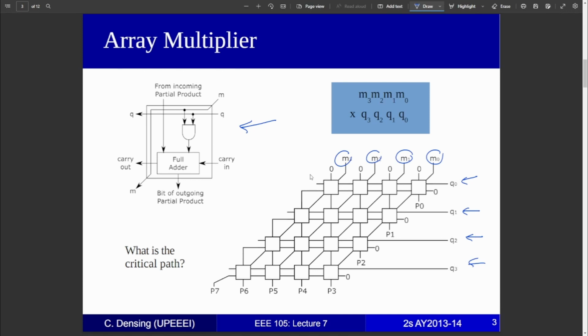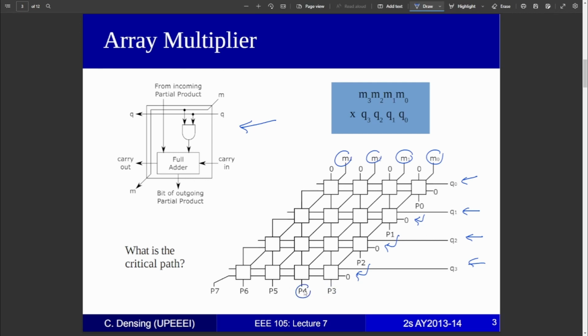You can see here through basic addition logic, what happens is just you AND the value of m with the respective q. You can see here the shift by 1 is actually present in the circuit topology itself. So this is us shifting by 1 for every bit of q. And then you just AND m to q to see if you should add the part over here, and then the product comes out here.